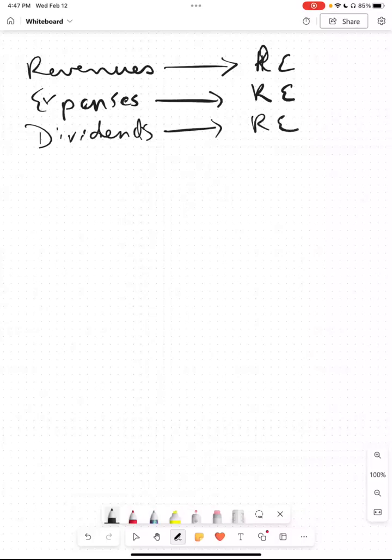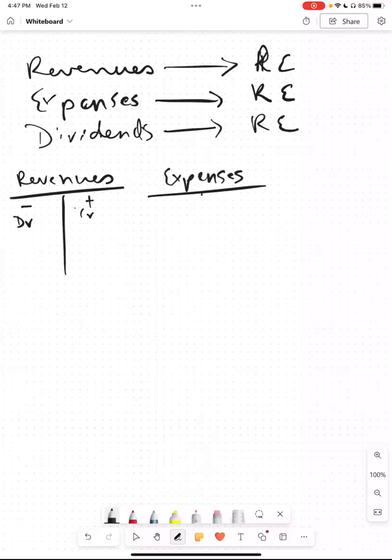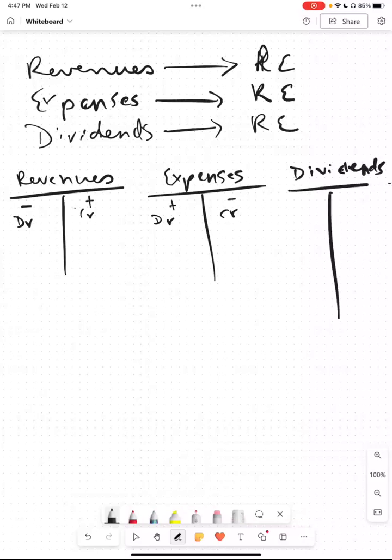So if you remember what these accounts look like, you've got revenues, okay, they increase with a credit, decrease with a debit. You've got expenses, okay, they increase with a debit, decrease with a credit, and you've got dividends. Okay. Again, they're going to increase with a debit, decrease with a credit.